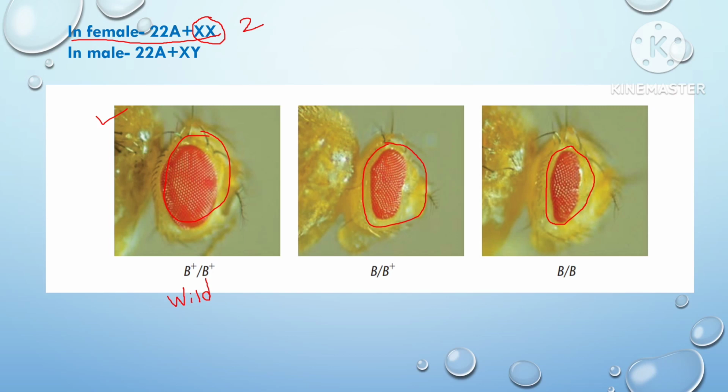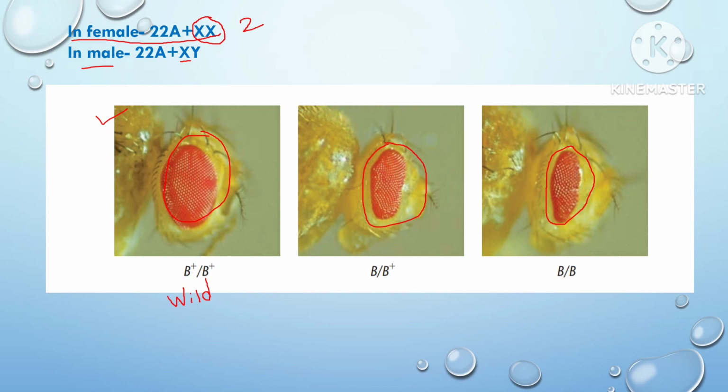And we know in male we have only one X chromosome, so they are hemizygous. If they have the bar mutant on this chromosome, as it is present on the X chromosome, they normally have the bar shaped eye.